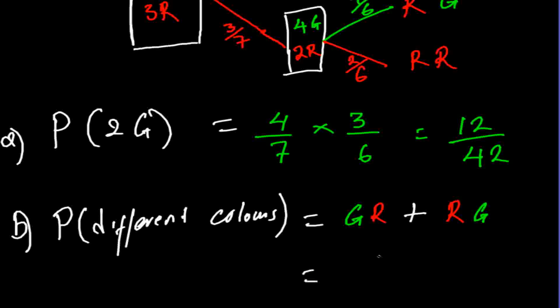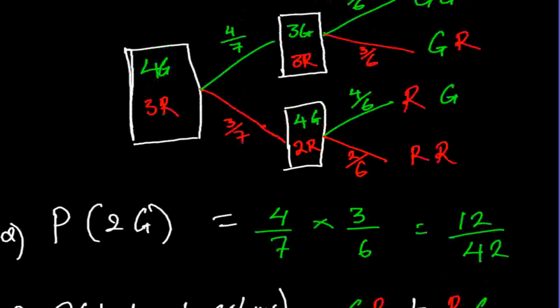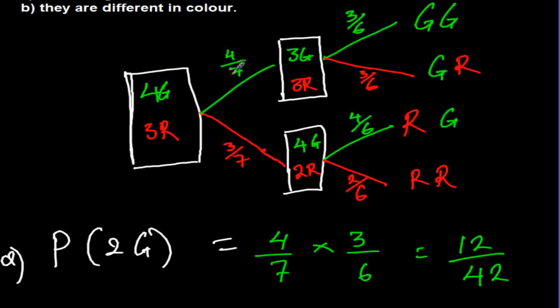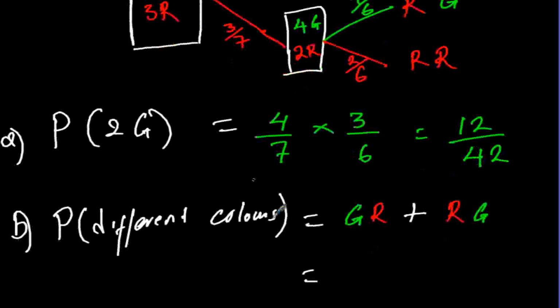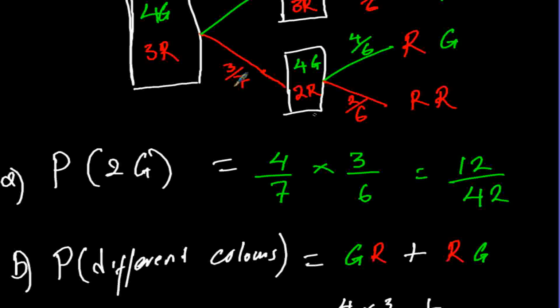So that will equal to green first then red, that is 4 out of 7 times 3 out of 6, plus red first, and then green, it is 3 out of 7 times 4 out of 6.